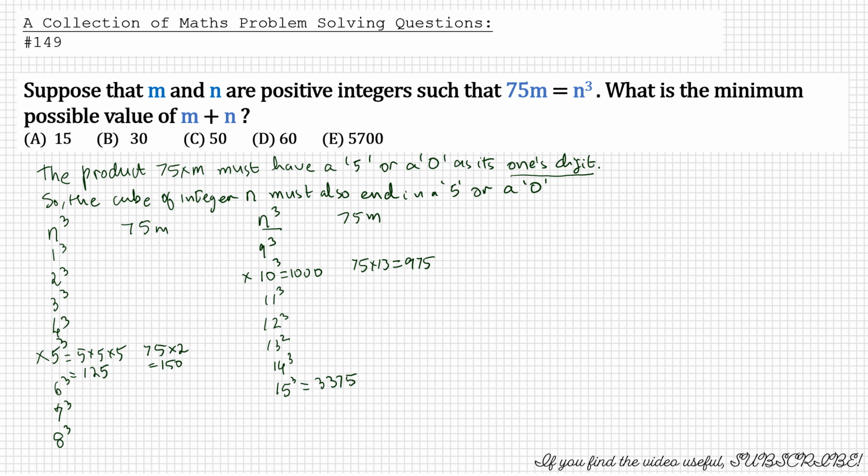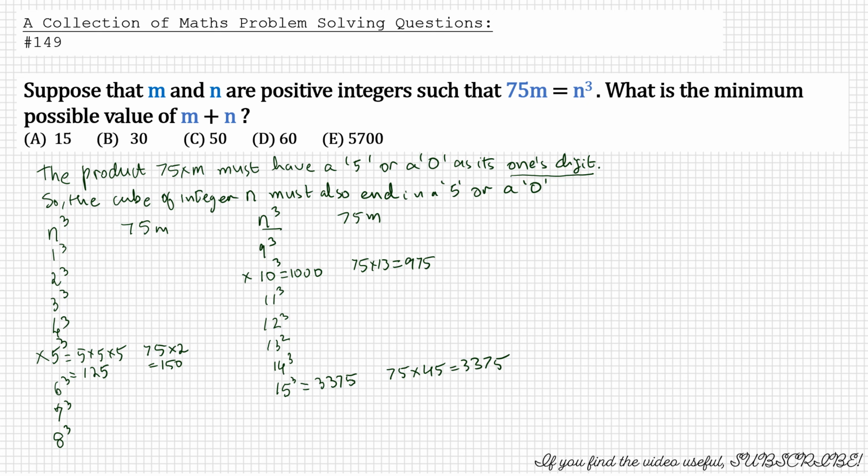Now we can see that this is a multiple of 75. So 75 times 45 will give you 3375.